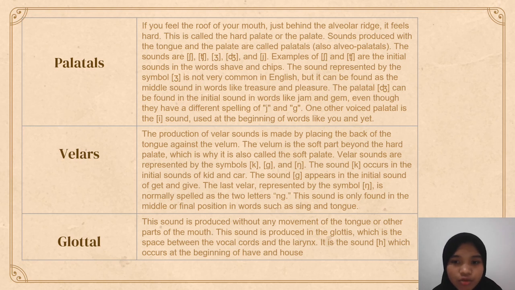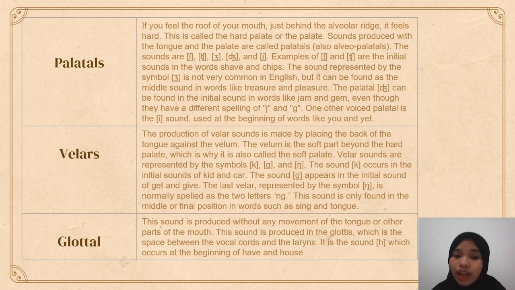One other sound is not very common in English, but it can be found as the middle sound in words like treasure and pleasure. The palatal J can be found in the initial sound in words like jam and gym, even though they have a different spelling of J and G. One other voiced palatal is the Y sound used at the beginning of words like you and yet.